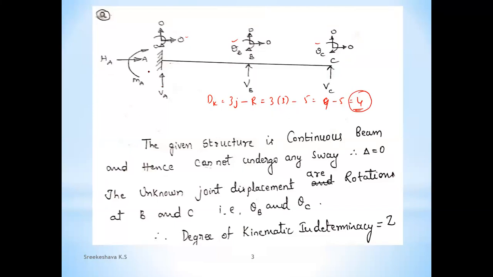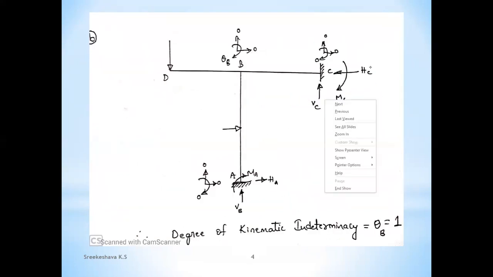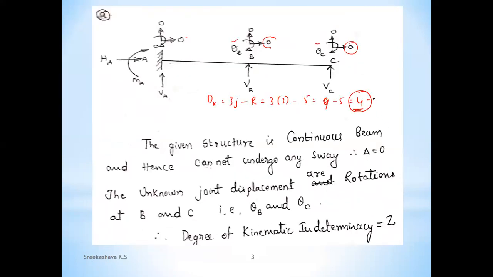But what happens because of this fixity? It is getting 0. Here also, because of this fixity, this is also 0. Now 4 minus 2, because those two are eliminated. How much? This is the actual kinematic indeterminacy.